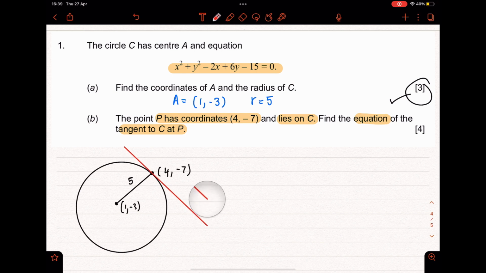So now let's draw the tangent line at the radius. We know the property of a tangent at a radius, it creates a right angle.